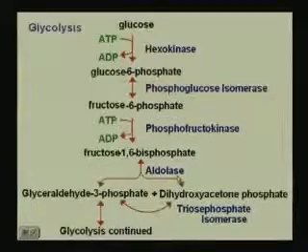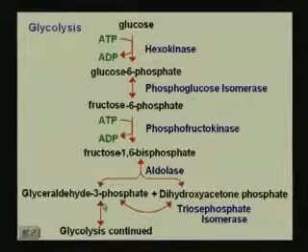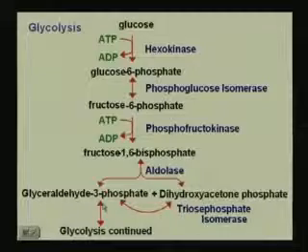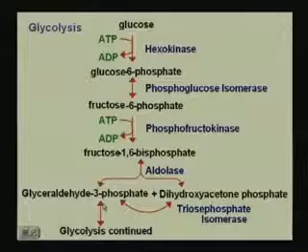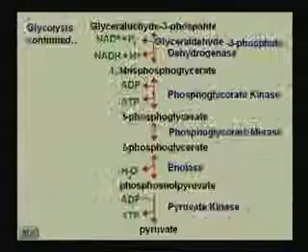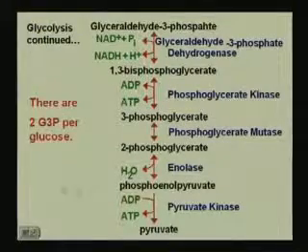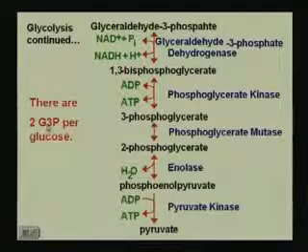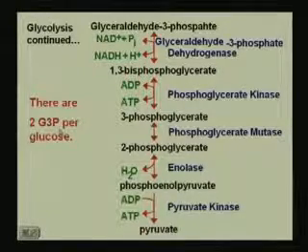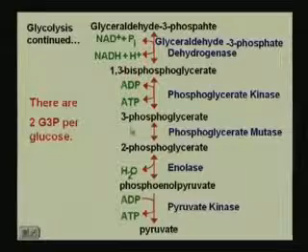But in our previous step, what do we have? We have 2 of these moieties because we have broken down what? The 6-membered ring in 6 carbons into 2 3-carbon moieties. Okay, so because of the 2, that's why I specifically mentioned that there are 2 G3Ps, that's glyceraldehyde-3-phosphates per glucose. So we have 4.